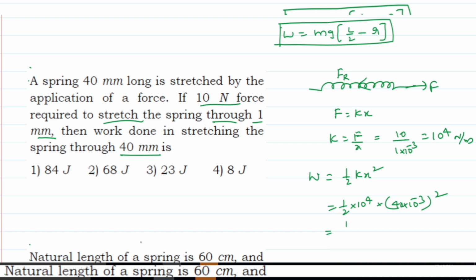This is half into 10 power 4 into 1600 into 10 power minus 6. The 10 power 4 times 10 power minus 6 gives 10 power minus 2 and cancels with the 1600, so 2 into 8 gives the work done value of 8 joules.